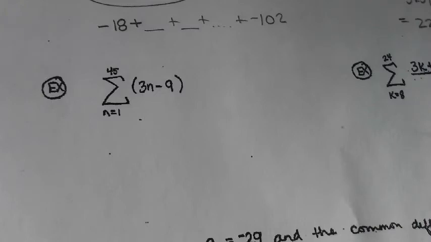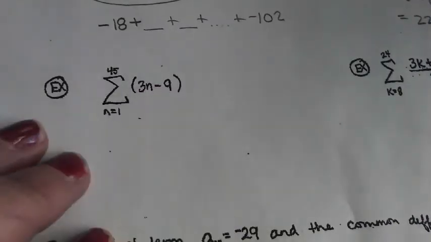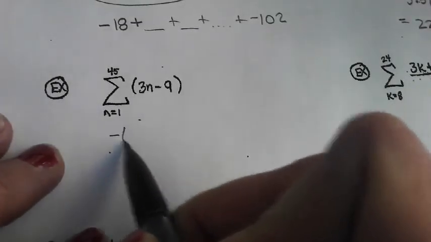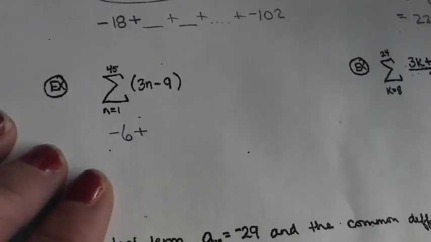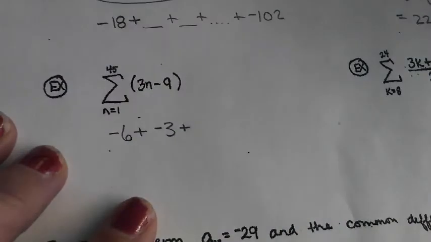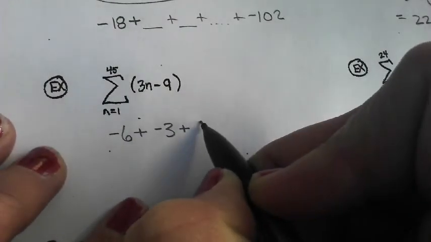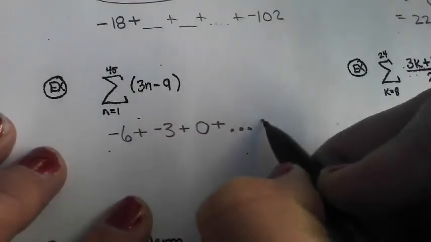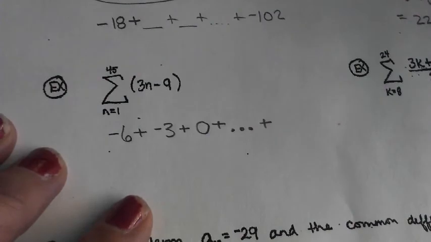Start the process, though. If I plug in a 1, what do I get? Negative 6. Plus, what if I plug in a 2? Negative 3. What if I plug in a 3? 0. Plus, dot, dot, dot, and I have to do this supposedly up until 45.